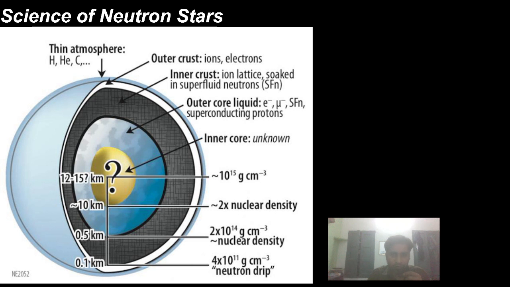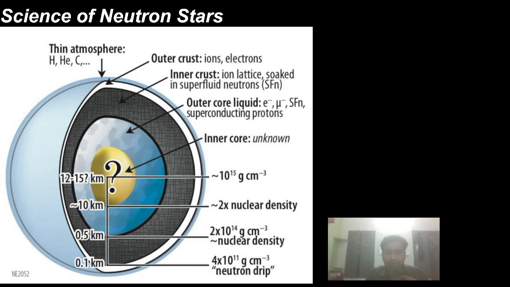Okay, now if we move further into the neutron star, around 0.5 to 10 kilometer, there is a layer which is called the outer core liquid, and in this outer core liquid electrons, muons, superfluid neutrons, and superconducting protons are present.